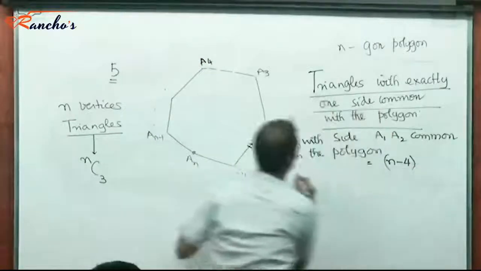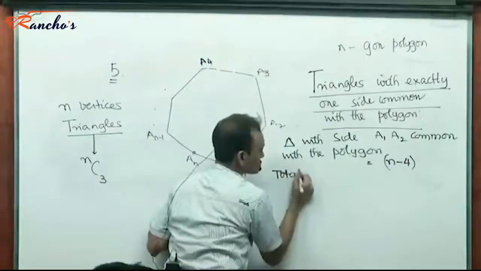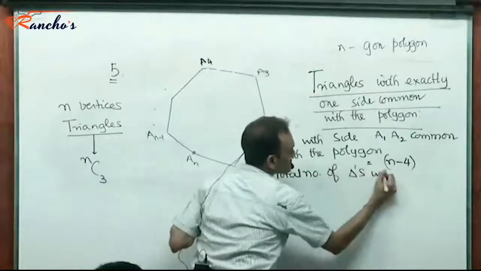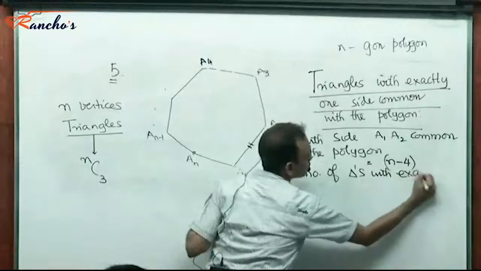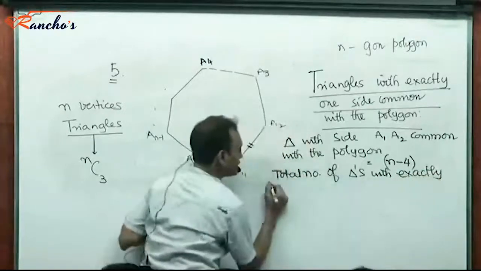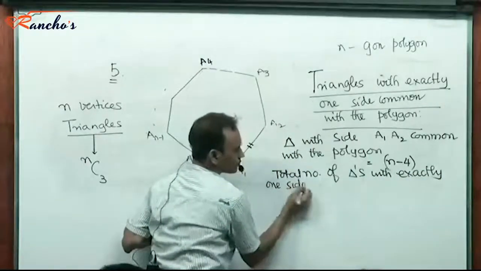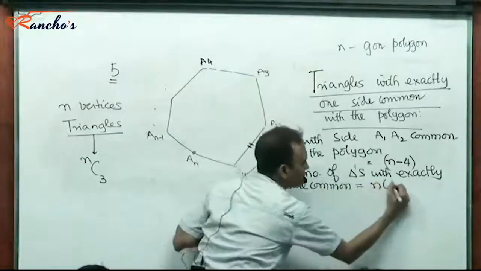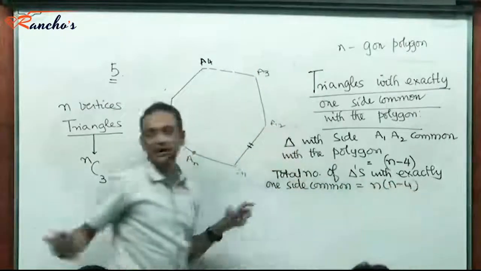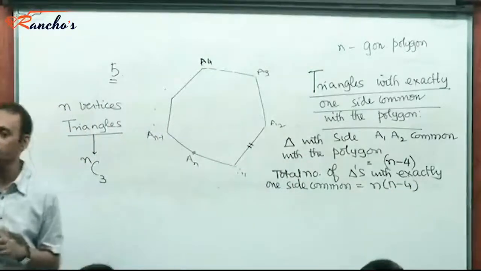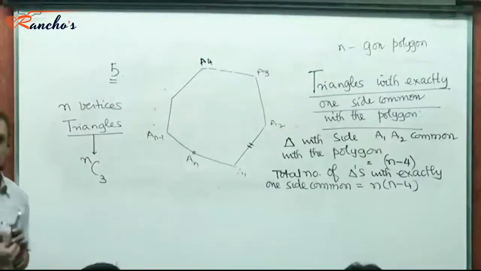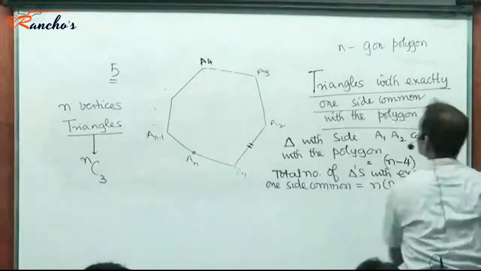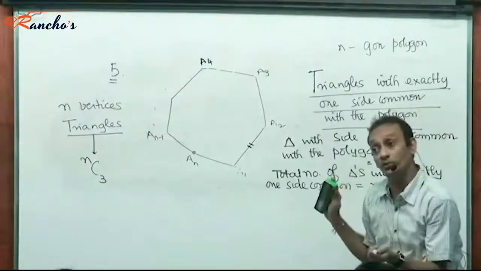So the total number of triangles with exactly one side common would be n into n minus 4.